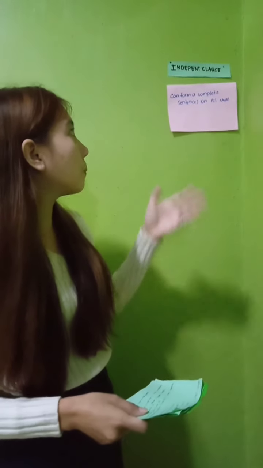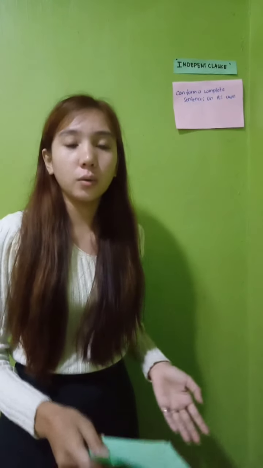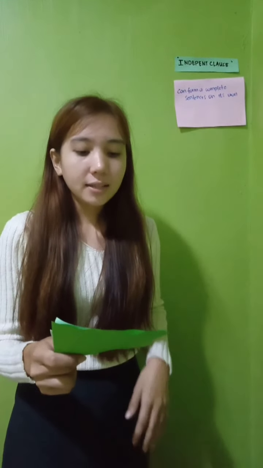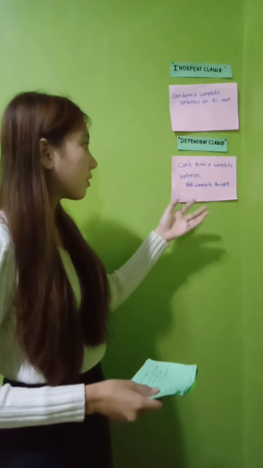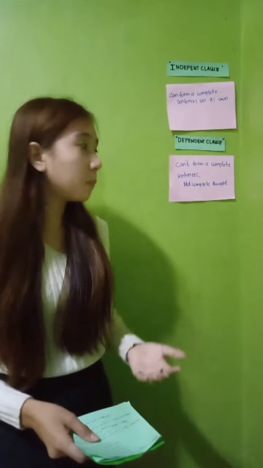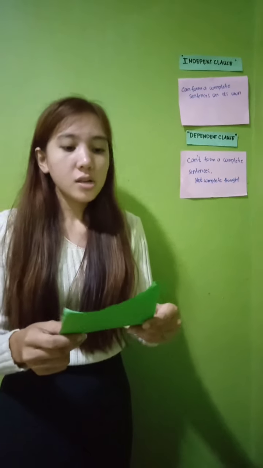An independent clause can form a complete sentence on its own, or for short, it can stand alone. While the dependent clause can form a sentence but not a complete thought, which is why it cannot stand alone as a sentence.